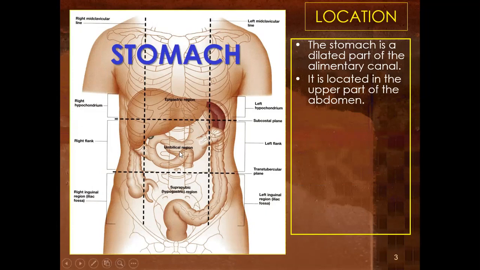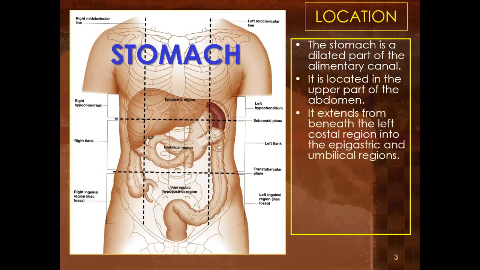This is the upper part of the abdomen, and this will be called the lower part. And if you want to locate it exactly in the nine regions, it will be present mainly in the epigastric region as well as occupying the umbilical region. These are the two areas where it will mainly occupy the upper part of the abdomen.